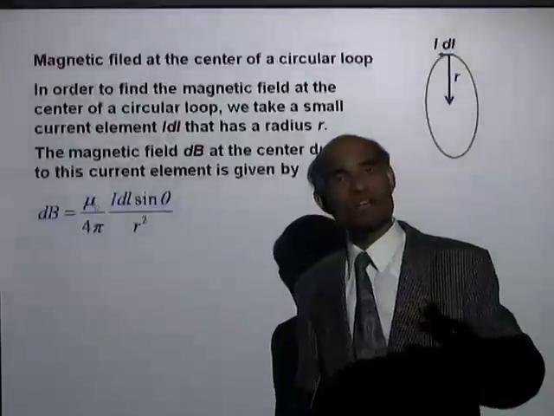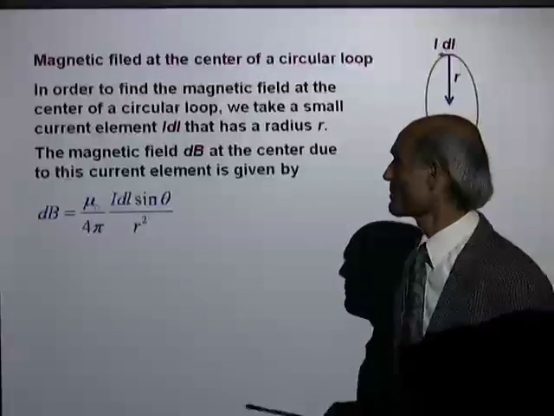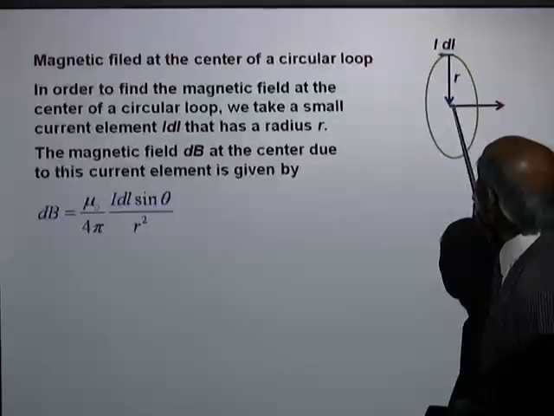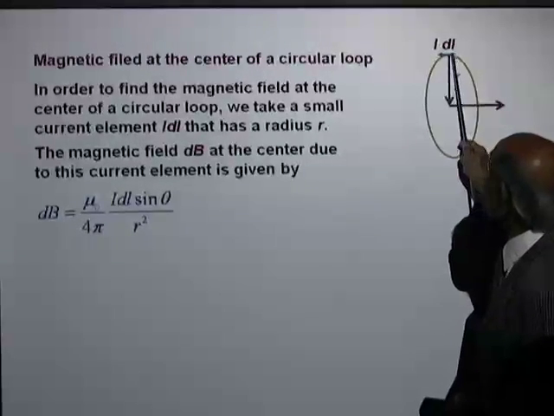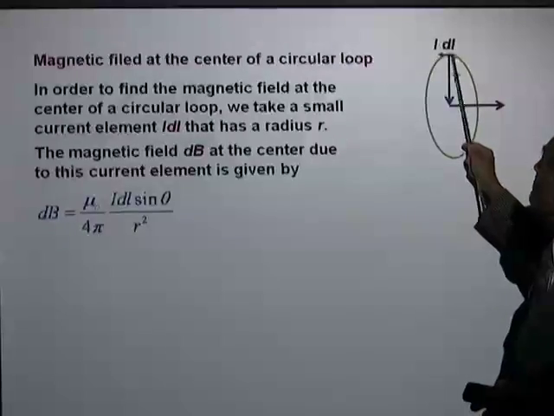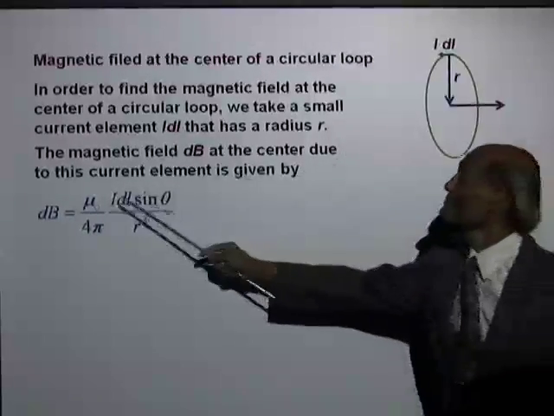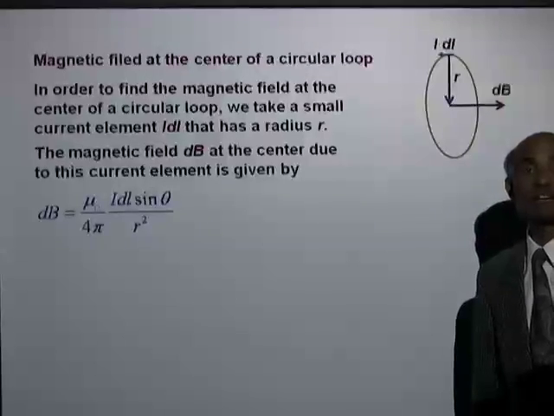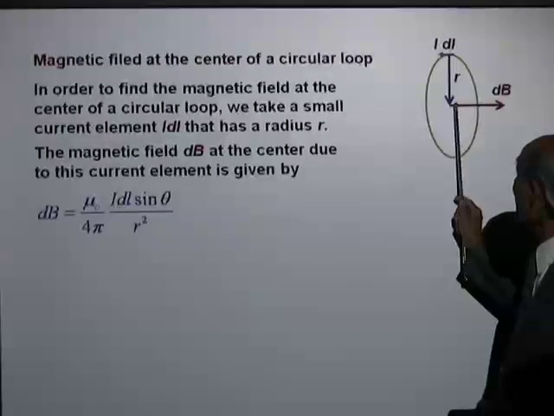It's actually the Biot-Savart law. So the magnetic field at the center due to this small current element IdL is mu 0 over 4 pi, IdL sine theta over r squared.